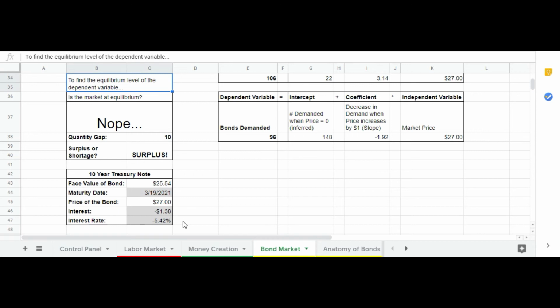There are a few reasons why this could happen. The major one is that some buyers of bonds are required to hold a certain amount of safe assets. So if you are a pension fund in some parts of Europe, you may be required to hold a certain amount of safe assets from the nation that your pension is located in.